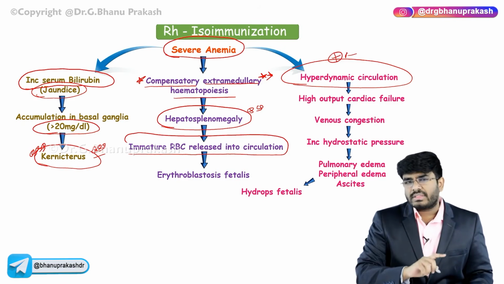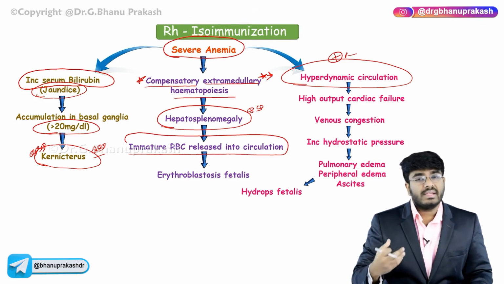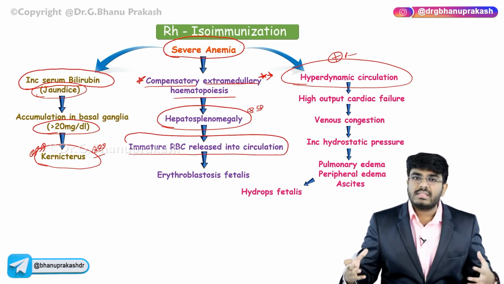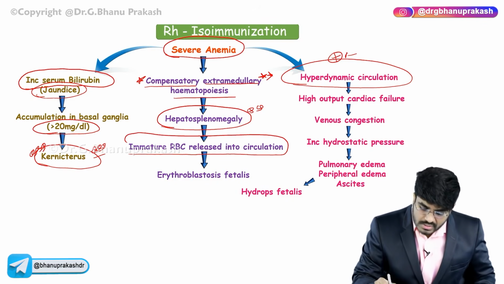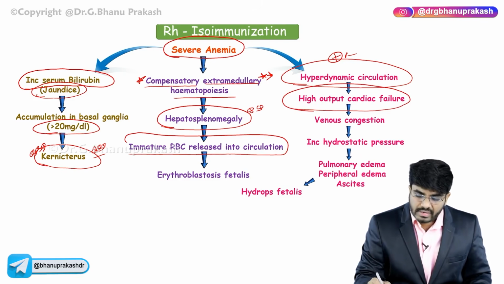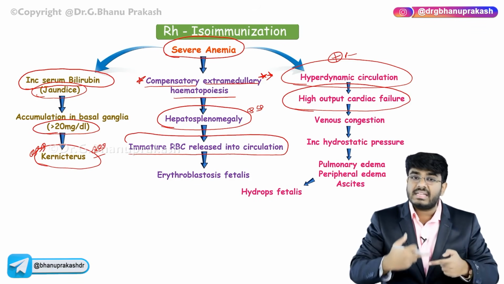Now, let me ask you one thing. During hyperdynamic circulation, is the heart working more or less? The heart is working more. When the fetal heart is working so much, there is a chance that it can fail. If the heart is failing, there is accumulation of blood everywhere in the body of the fetus. So, please concentrate. This hyperdynamic circulation can lead to high output cardiac failure. Blood is not in circulatory process, blood is getting stagnant.